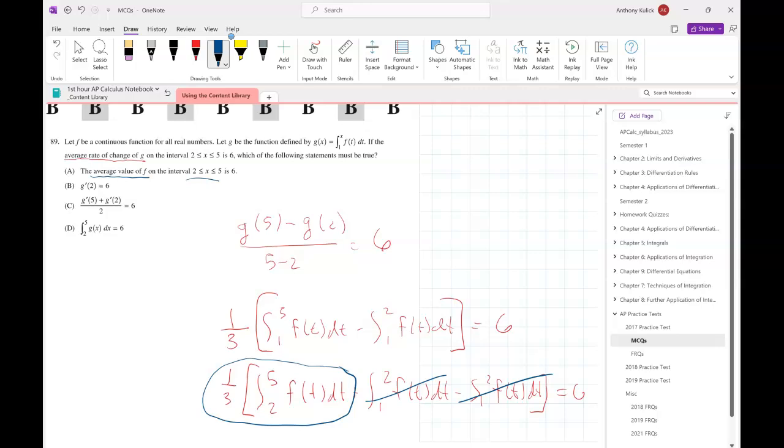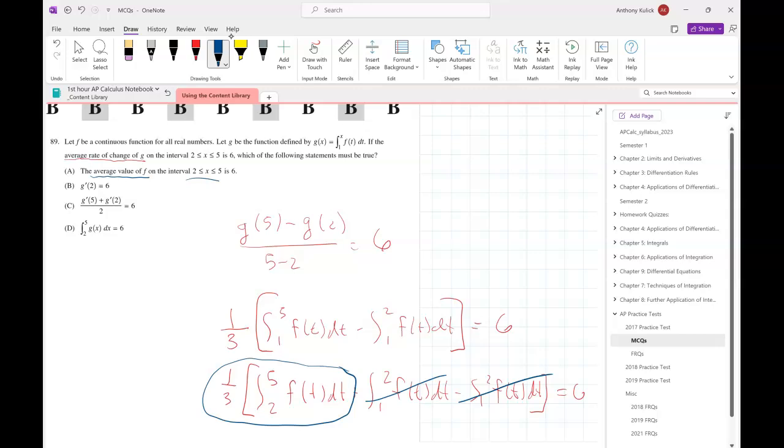But if you saw what to do, like, okay, average rate of change means I'm going to write a slope. Okay, well, that is g of 5. I'm just going to plug 5 in for x for the function given for me, g. So I have these two integrals that are being subtracted. I'm going to chunk those two integrals together so I can cancel the subtraction.